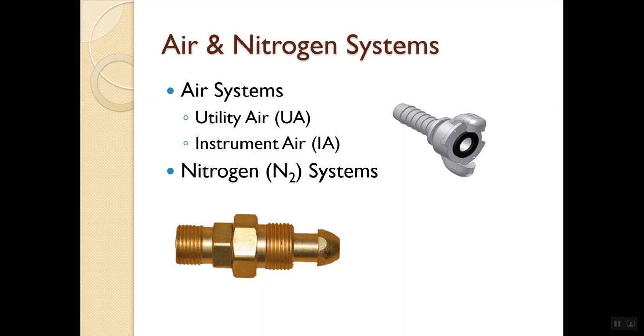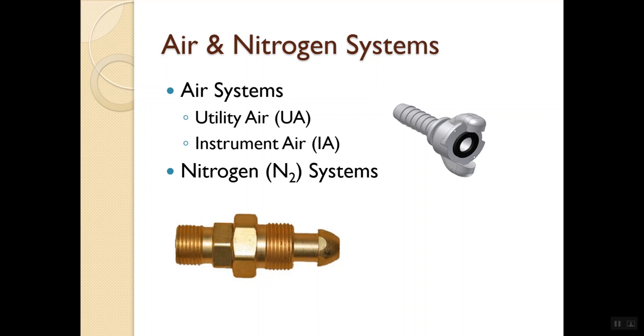Or we have another system that's instrument air. Now, the labs we're going to look at, the instrument air is cleaned and dried, and so we make sure we get any oil out of it. All the air that we bring in has some amounts of humidity in it, and that humidity is moisture, and when we start to compress the air, that moisture will get into droplets, and when we have air and moisture inside pipes, we can get corrosion, so we want to make sure it's dried, especially when we have instruments going to it.